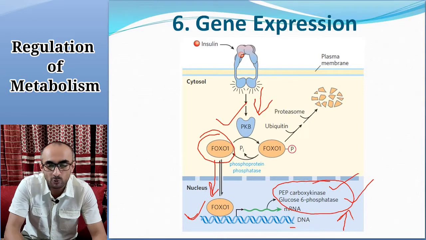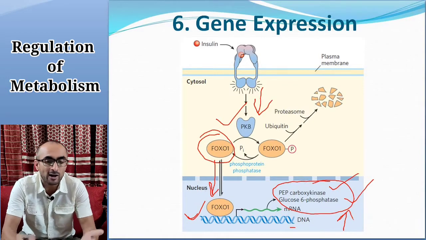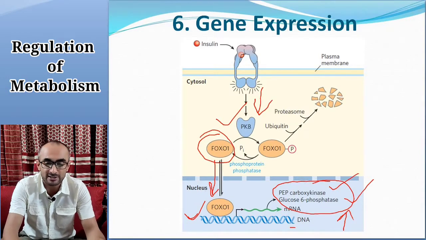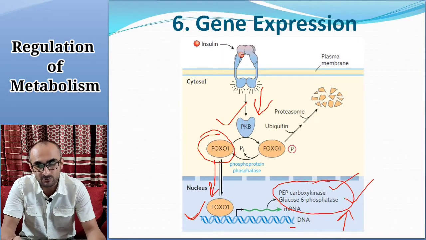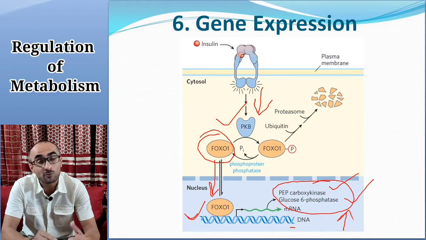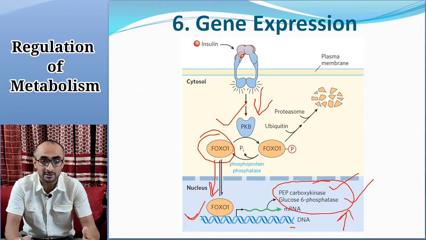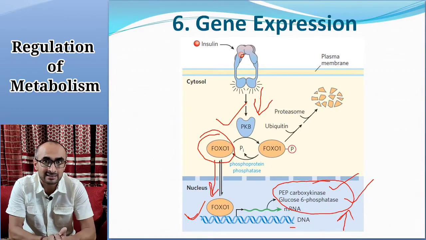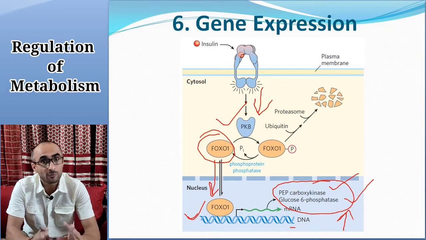So it means FOXO1 is required to have high concentration of PEP carboxykinase and glucose 6-phosphatase. And these two enzymes are key enzymes of gluconeogenesis. So in turn, FOXO1 enhances gluconeogenesis, that is synthesis of glucose from non-sugar molecules in the cell.